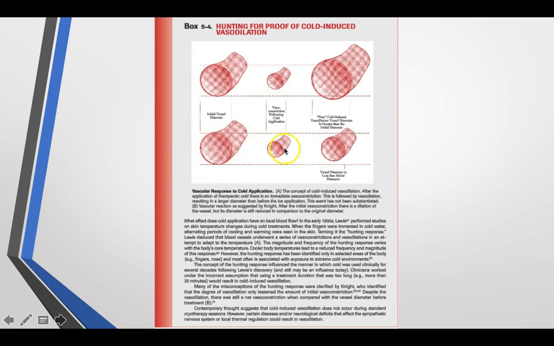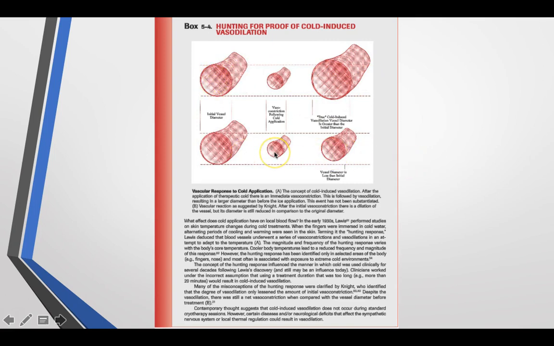We start at this size, we vasoconstrict for a while, and then eventually we get to a plateau where we go back and get a little bit of dilation. But that dilation is not even back to the normal level. So this is not what happens. This is what happens. We don't actually get cold-induced vasodilation in that it increases the diameter of the vessel larger than its resting size.